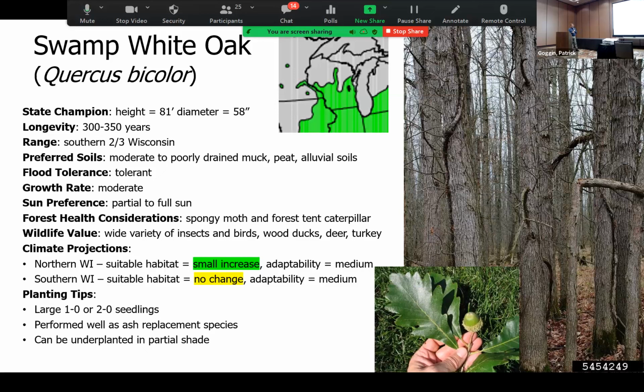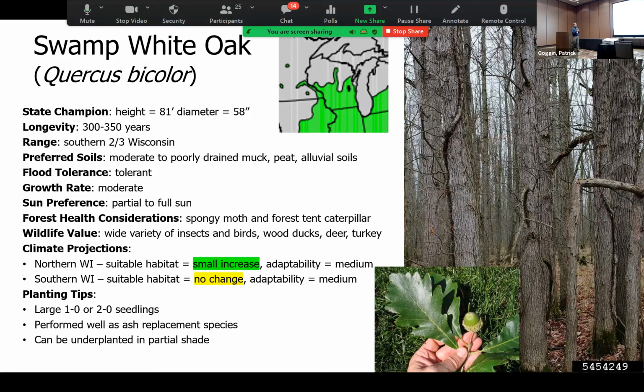They also, as a white oak species, will tolerate partial shade. So we, in some cases, are underplanting species like white oak into ash stands that are dying from EAB to get them established. So when the overstory dies, those swamp white oak can be there to take over that space. So they're kind of a cool species from that perspective. From a climate perspective, you can see kind of greens and yellows, small increases in suitable habitat.